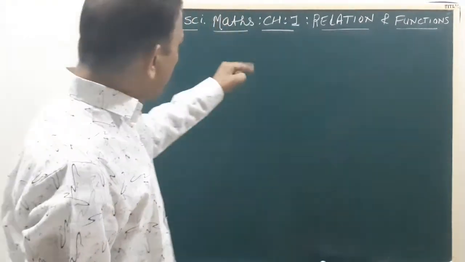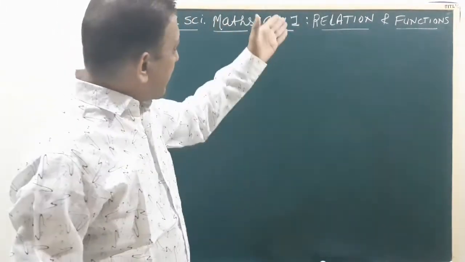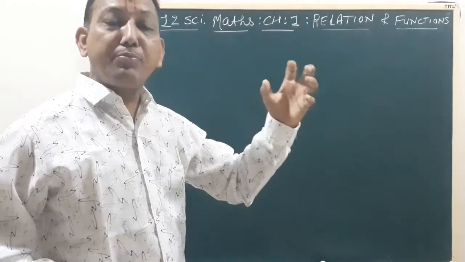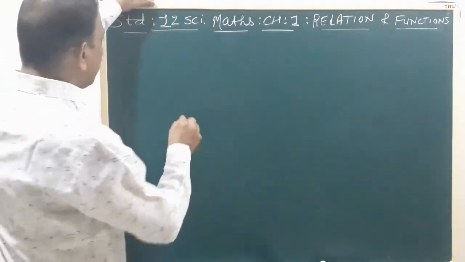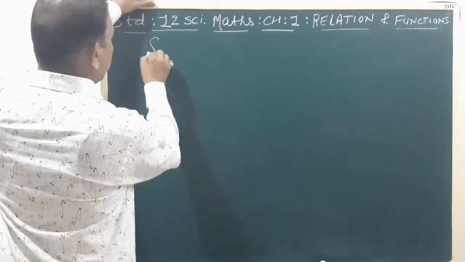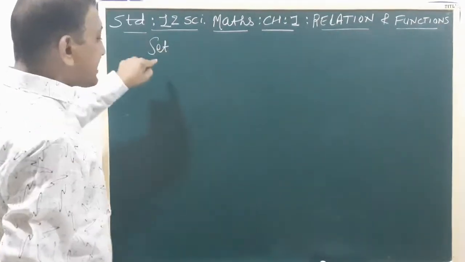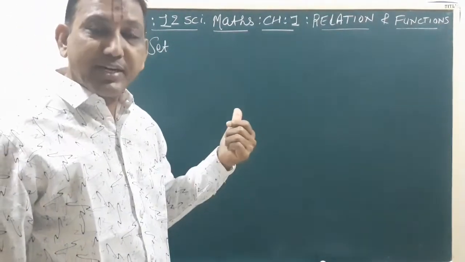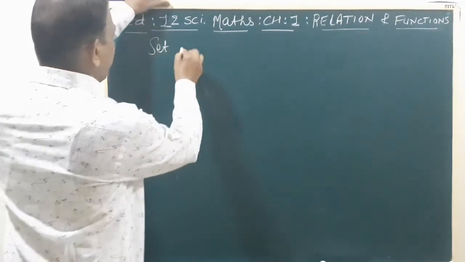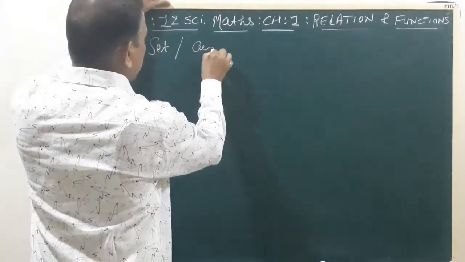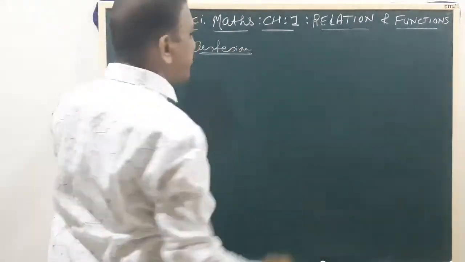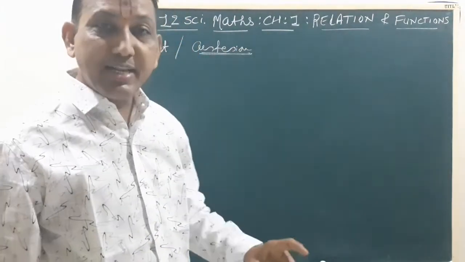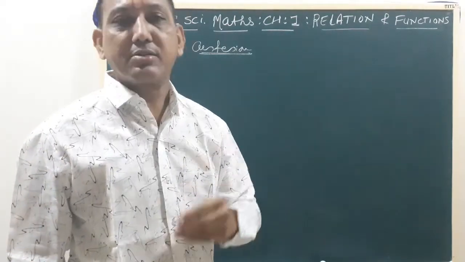Right? Now look here. What is the basic concept of relation? The basic concept, set, we studied in 8th standard. You have studied this one. Then another topic, Cartesian multiplication, or Cartesian product.